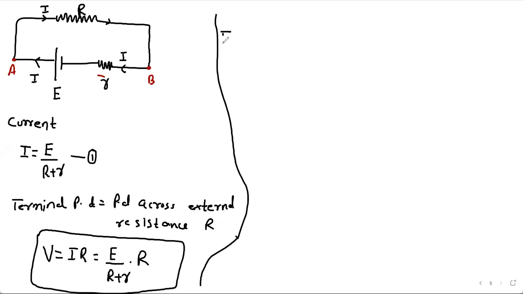The second method to calculate terminal potential difference is the EMF of the cell minus the potential difference across the internal resistance r.